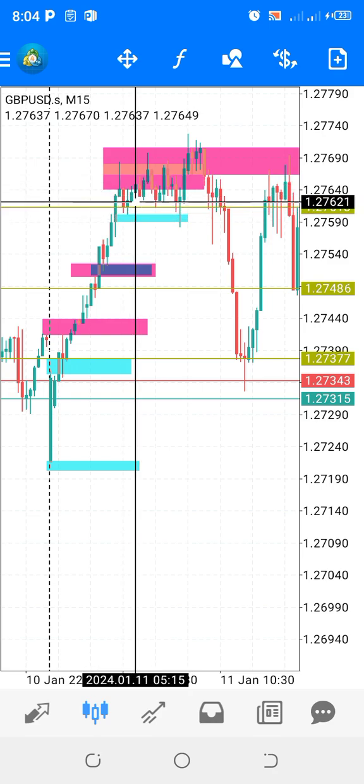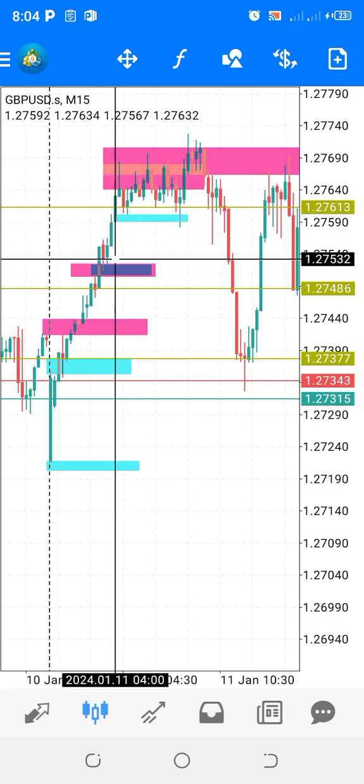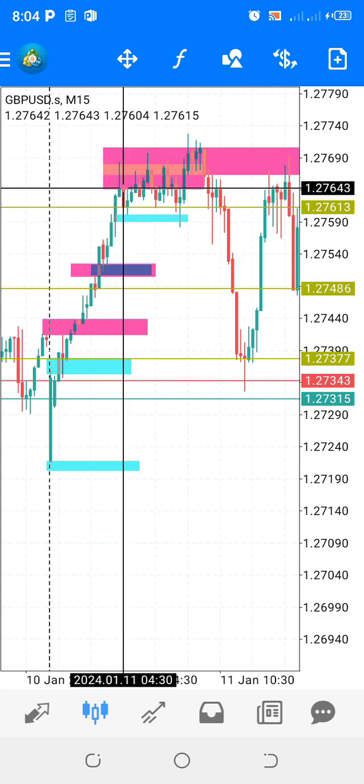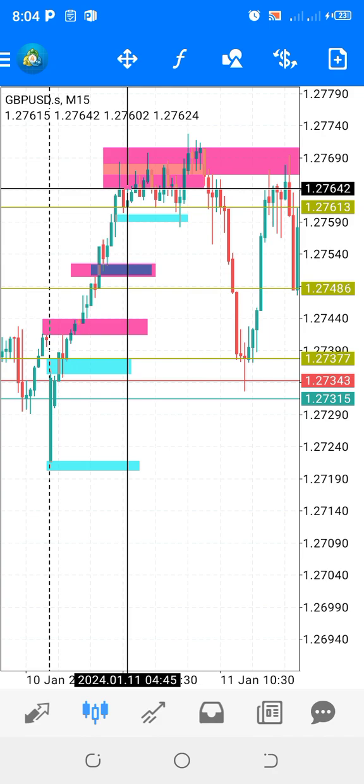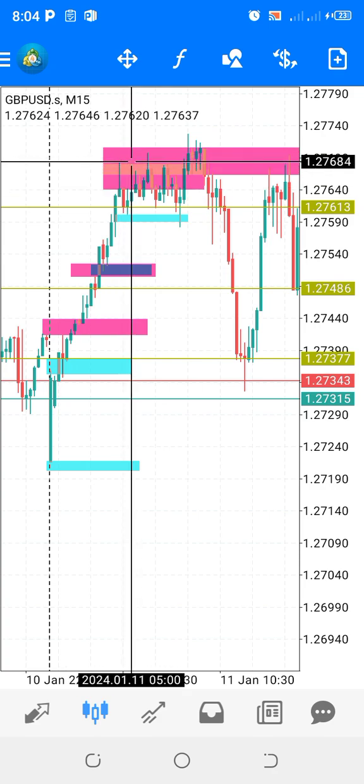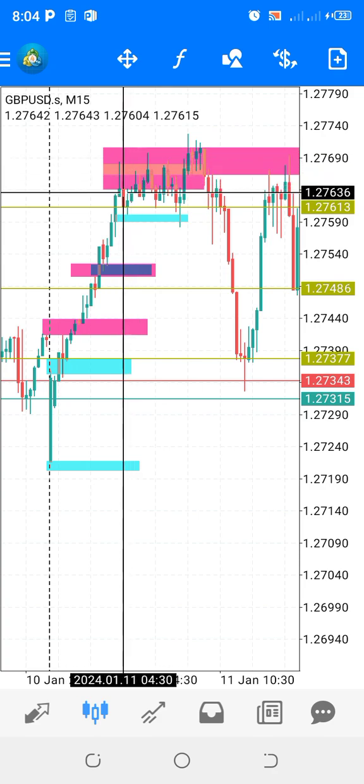So now you notice that when this impulse was broken, it set its high, which is the high of the break, not the high of the last candle of the impulse, but the high of the break.